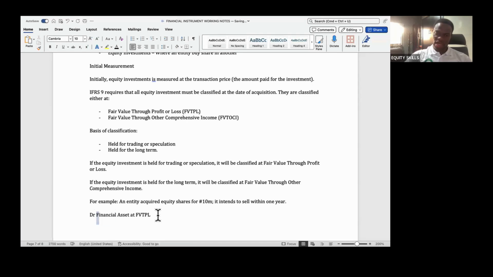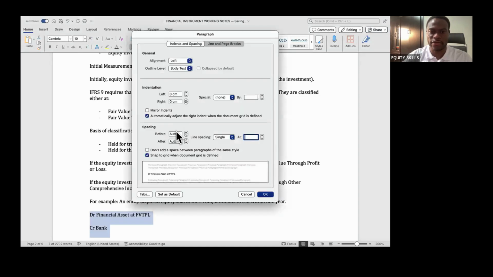This is how you describe the account. You don't just say equity investment; you need to put at fair value to P&L. That's what we mean by classification.